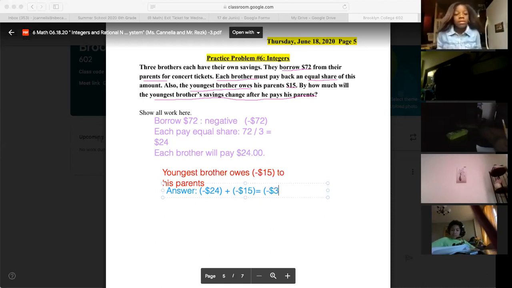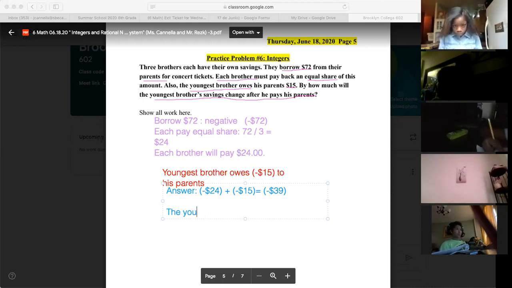So now, how do we make this into a full sentence? We're going to restate the question, like in an ELA class. The youngest brother's savings will change by negative $39 after he pays his parents.